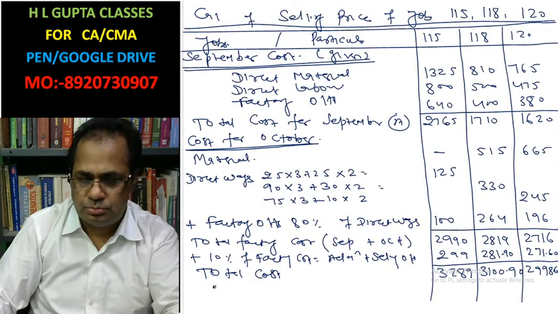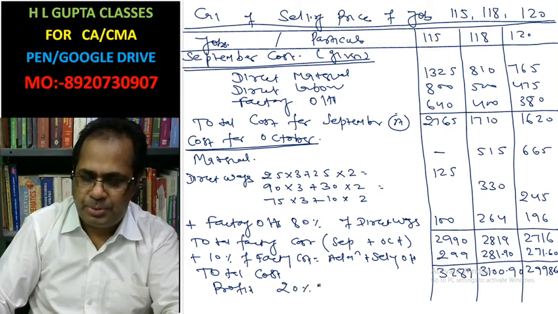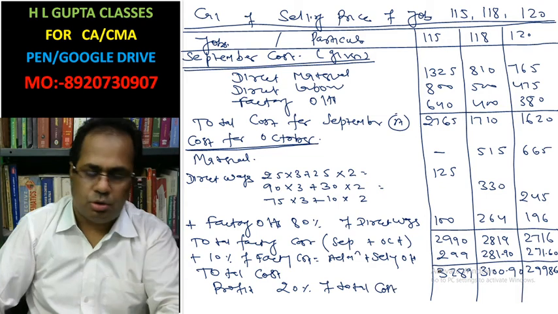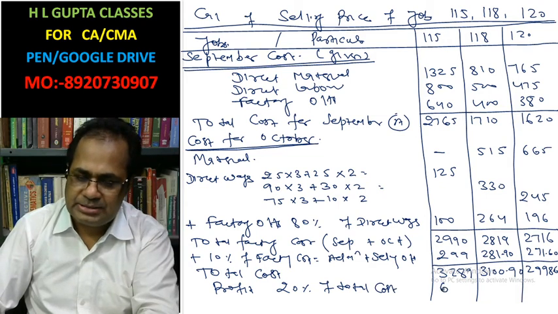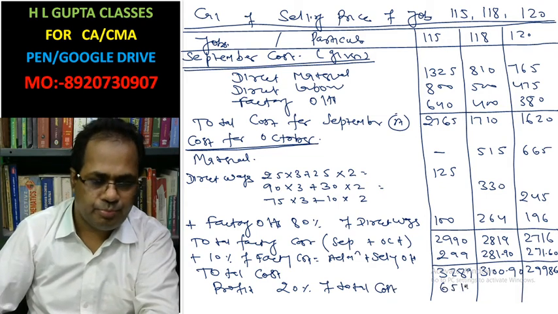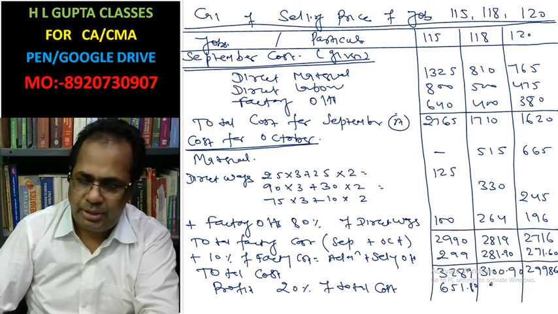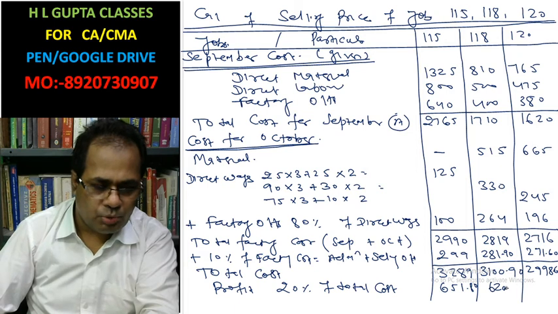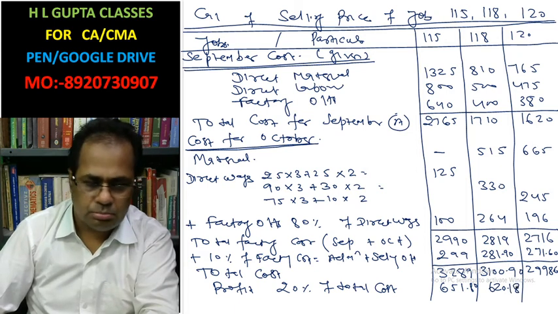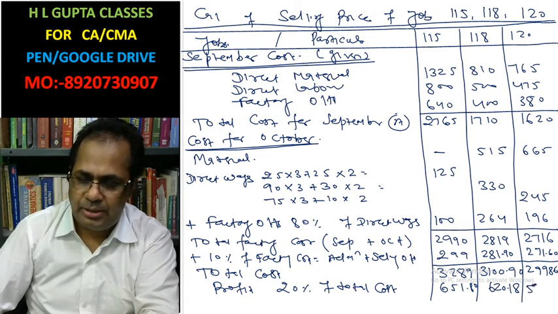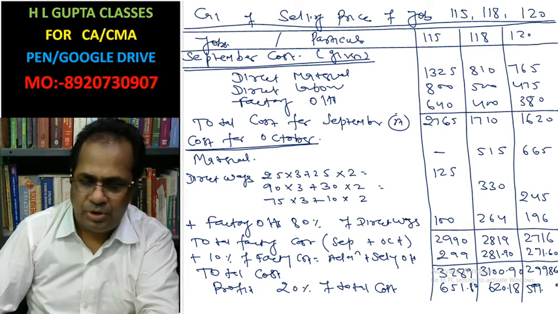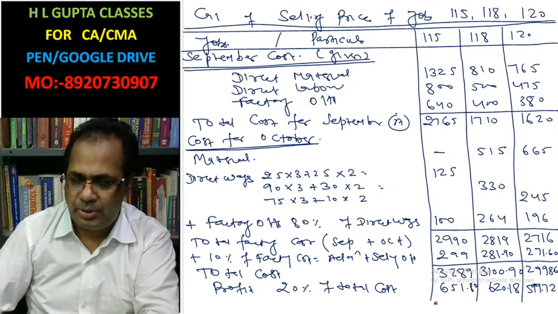Profit, 20% of total cost. Total cost, that is 657.80, 620.18, 597.72.